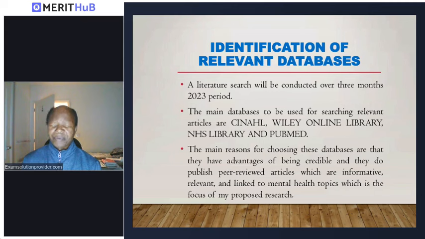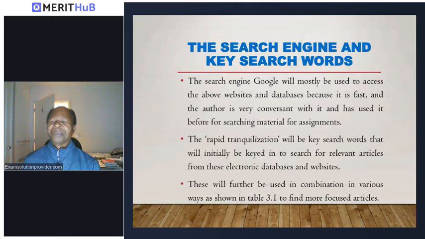He missed the reference there. He needed an in-text citation to justify that the reasons given are the adequate reasons that researchers use to justify the choice of databases. But overall, he has done extremely well. And then he talks about the search engine and key search words.